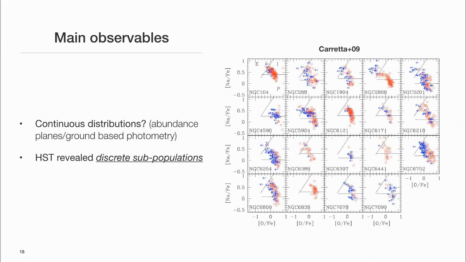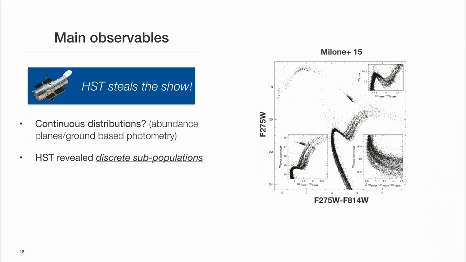With this incredible precision, we can split the populations with extreme efficacy, revealing discrete groups of stars with different chemistry. You can see here, for example, in this CMD on the right, focus on the main panel, multiple sequences in the red giant branch and also in the main sequence.